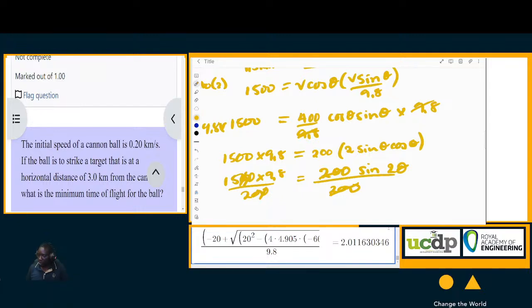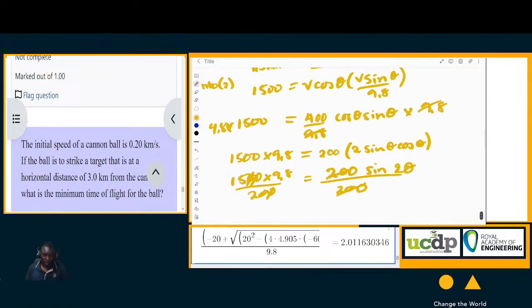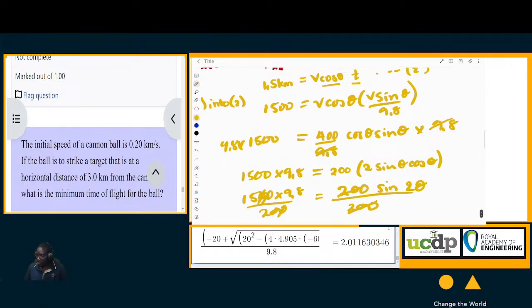Still something doesn't sound right though. Okay, 15 times 9.8 divided by 2. This is supposed to be a fraction.